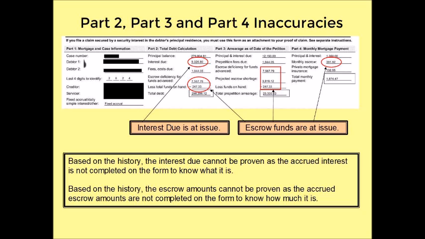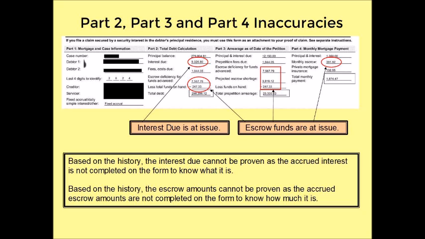And I can tell you that for the most part, that number's inaccurate on most of these proofs of claim. In looking at the claim, number one, they didn't give you the information that they were supposed to, that would have added on to that section on the form. But because they're not connecting the dots on putting all the principal and interest and escrows and updating the principal balance on the previous page, this number is inaccurate as well.